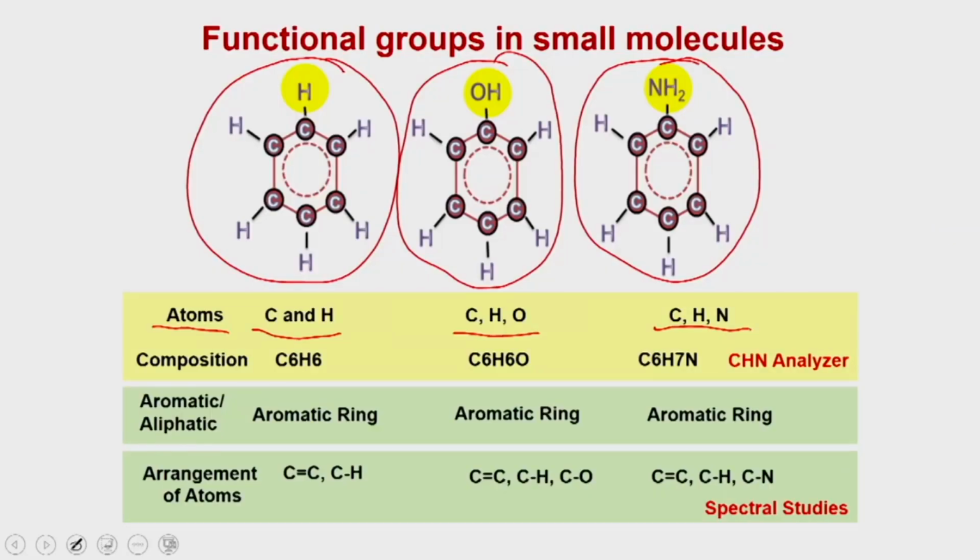For example, in this case, benzene contains carbon and hydrogen, phenol contains carbon, hydrogen and oxygen, and aniline contains carbon, hydrogen and nitrogen.